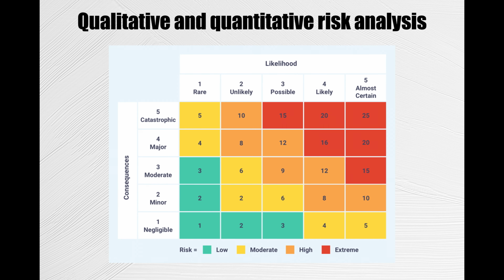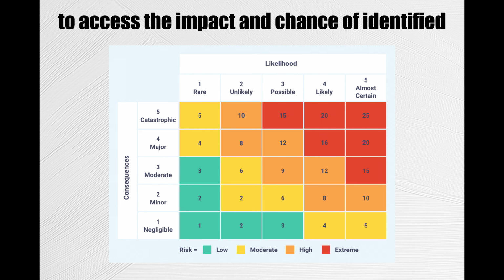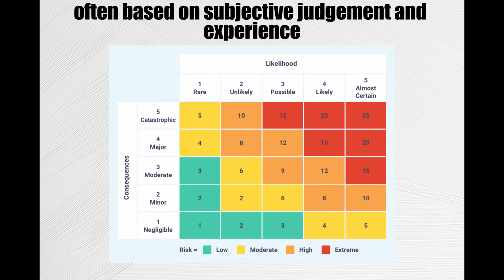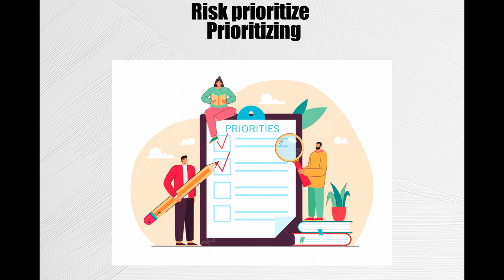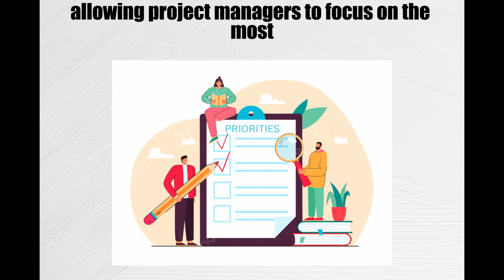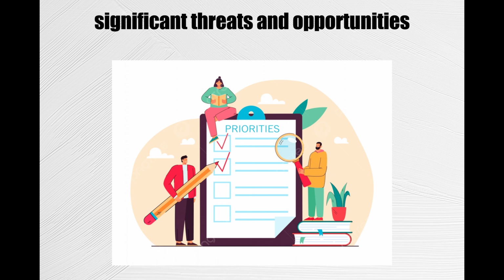Qualitative and quantitative risk analysis assesses the impact and chance of identified risks in a descriptive manner, often based on subjective judgment and experience. Risk prioritization. Prioritizing risks is a critical step in the risk management process, allowing project managers to focus on the most significant threats and opportunities.